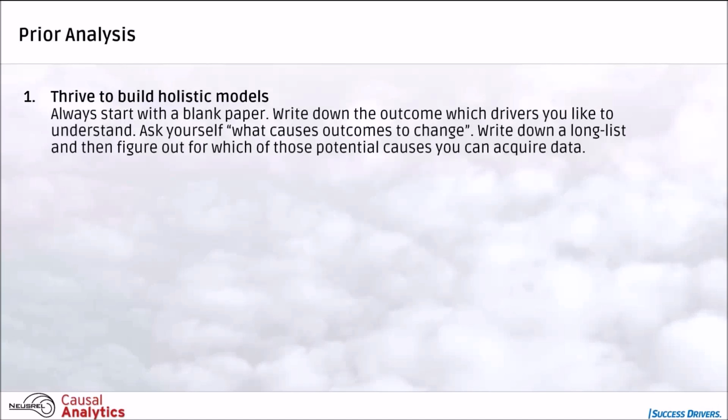Write down a long list and then figure out for which of those potential causes you can acquire data. I'm saying that because typically researchers go the other way around. They look at their data and think, oh, what kind of model can I do with it? That's not the right approach.